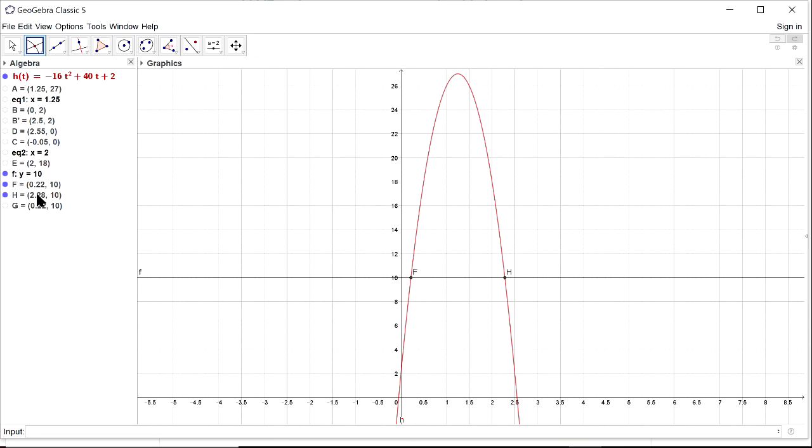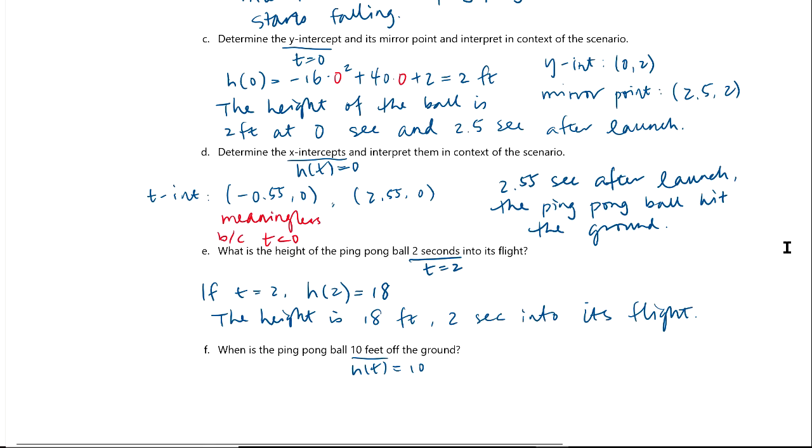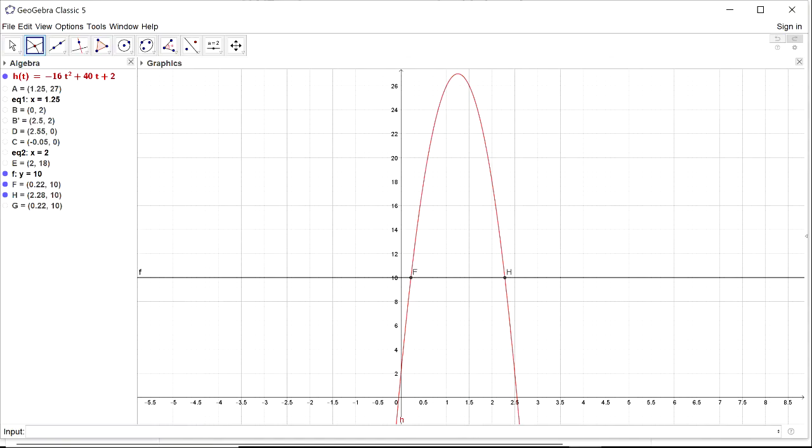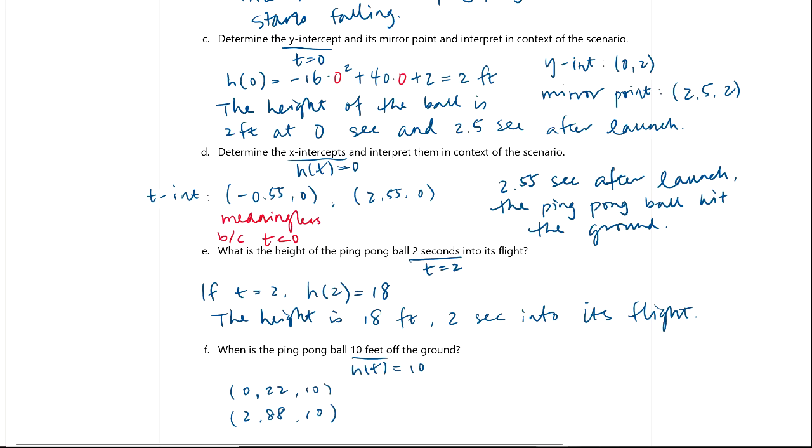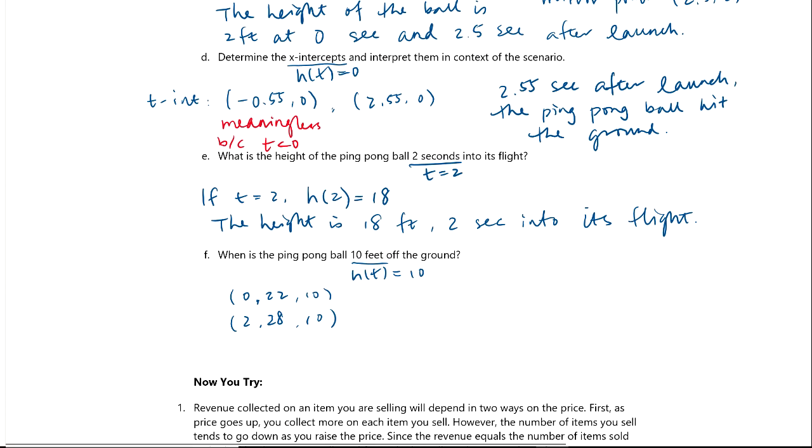So I'm going to record these 2 points on the worksheet. Let me just quickly check. 2.28 is what we have. And this is what we get for the 2 points.